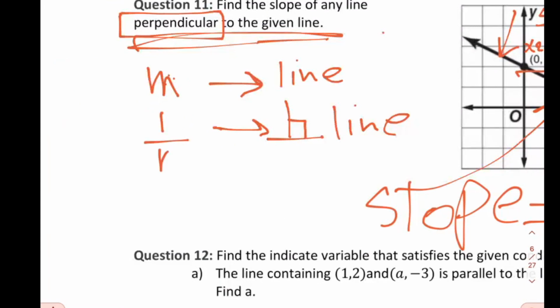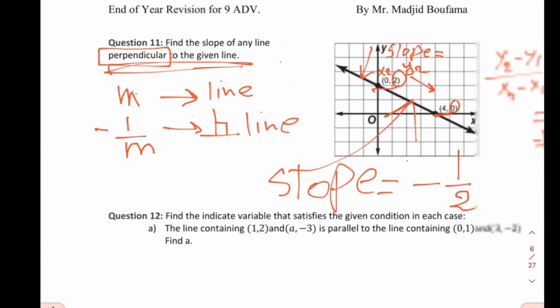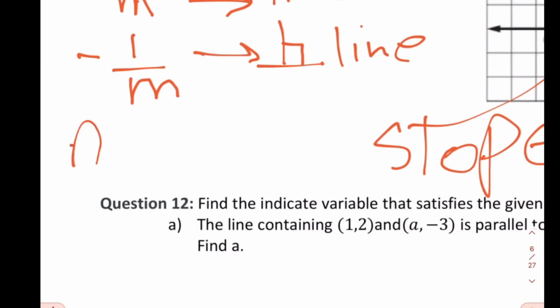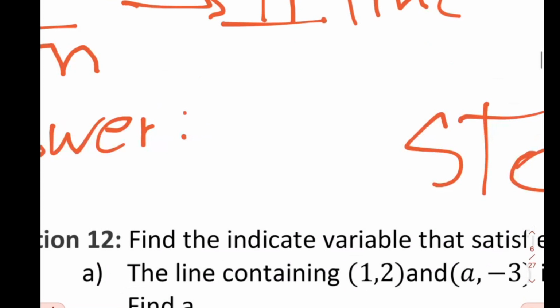You reverse it, reciprocal and sign, minus 1 over m. That's what you need to do. So you have to reverse this. If you reverse this, you get 2. So the slope of the perpendicular, the answer for this question, is slope equals 2.